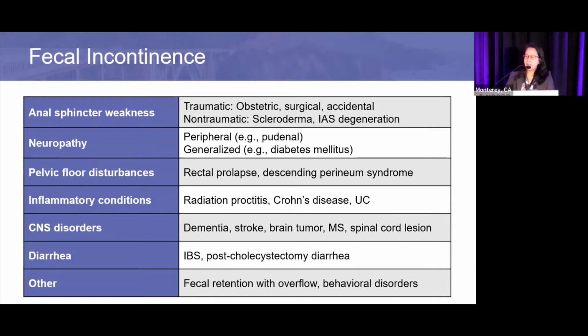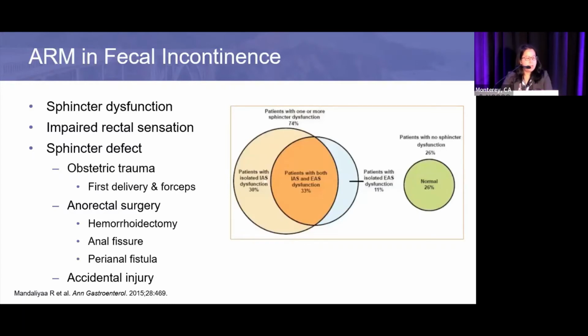The other, which I probably see more commonly than that, is the fecal retention or overflow. Again, going back to patients who really are chronically constipated, and they just have overflow incontinence and overflow diarrhea. Behavioral disorder we do see, but much more rarely. Anorectal manometry evaluation in fecal incontinence is really looking at sphincter dysfunction, and then also to assess, do they have any impaired rectal sensation?